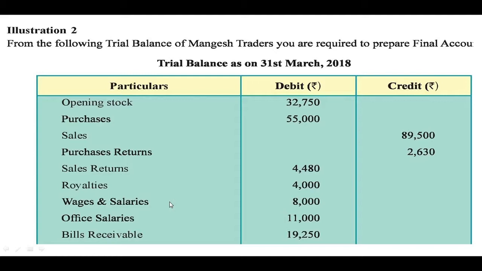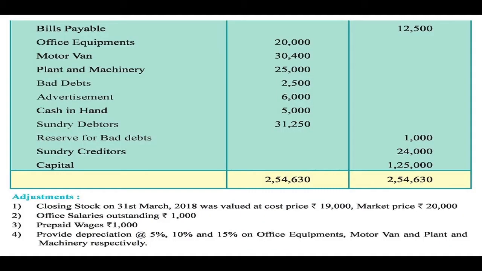And then also there is depreciation on certain assets, so the amount of these assets should be written in the inner column. So like office equipment, motor van and plant and machinery, on all these three types of assets you have to make the tick mark so that you will remember to record them in the inner column.